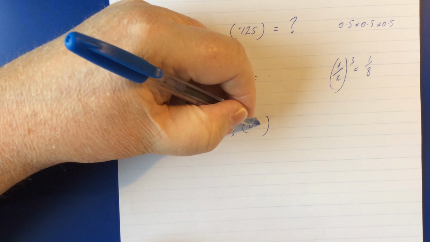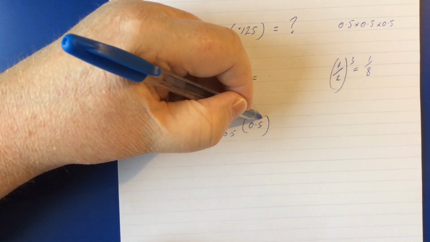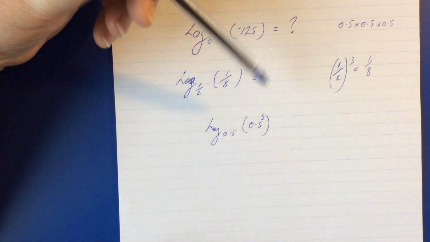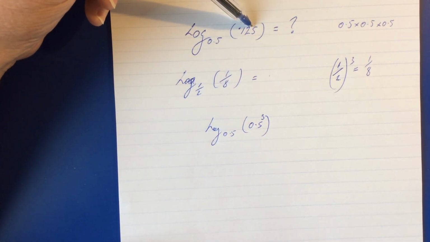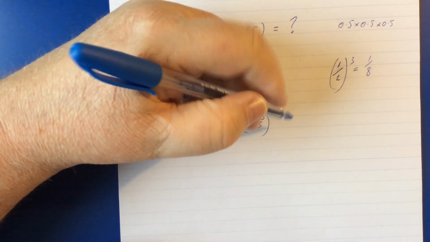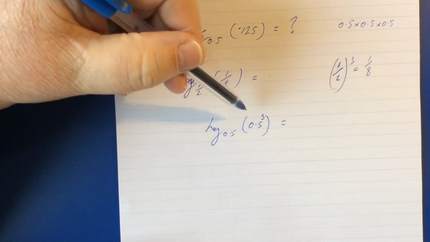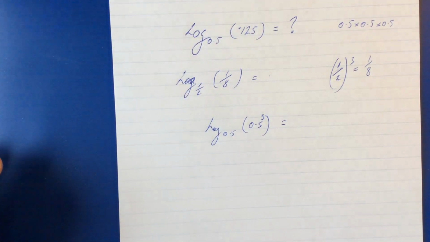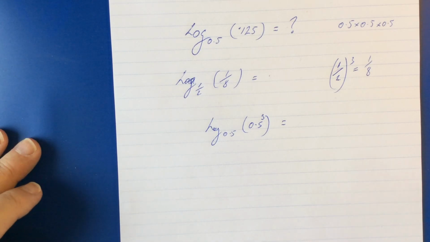Now, we know that 0.5 to the power of 3 is 0.125. So having got this into this form, what we can do is we can look at a couple of ways in which you can go about solving this.